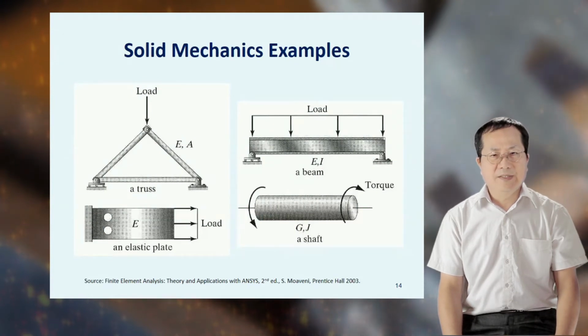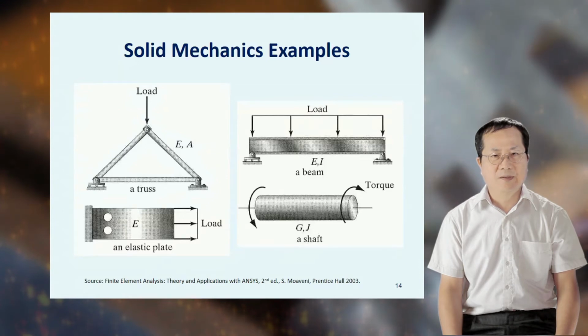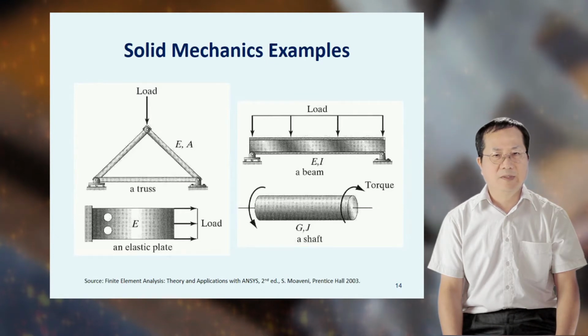We illustrate some of the physical properties that define the natural characteristics of various problems, such as area, modulus of elasticity, area moment of inertia, shear modulus, and the polar area moment of inertia in solid mechanics examples.